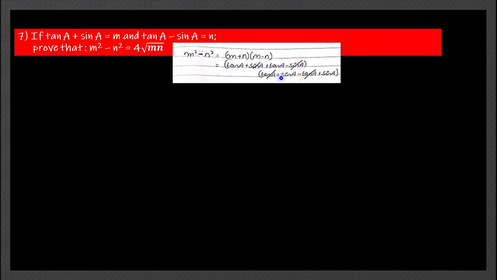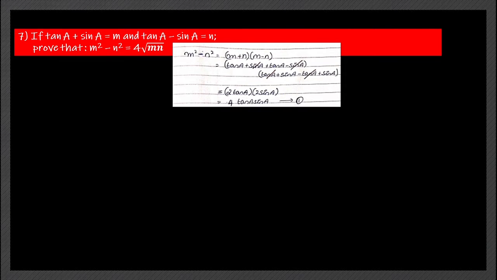And then tan A plus sin A minus of tan A plus sin A. Minus into minus becomes plus sin A. So plus sin A and minus sin A get cancelled, plus tan A and minus tan A get cancelled as shown. So remaining are 2 tan A, 2 sin A. After removing the bracket we get 4 tan A sin A. Okay, 4 tan A sin A. Then this is taken as equation 1 as shown over here.